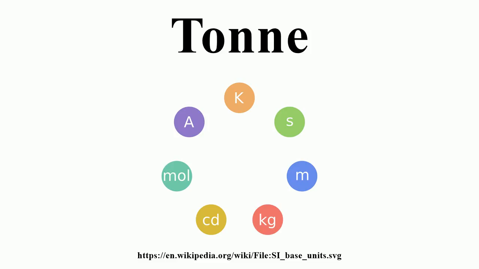Approximately 1.1023 short tons. 1 short ton is exactly 0.90718474 t.